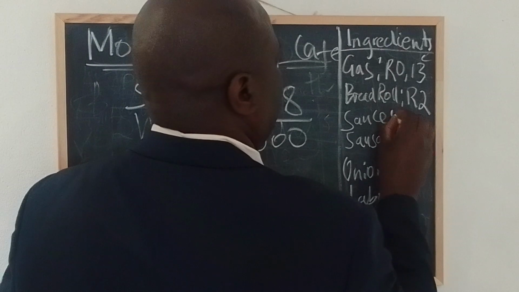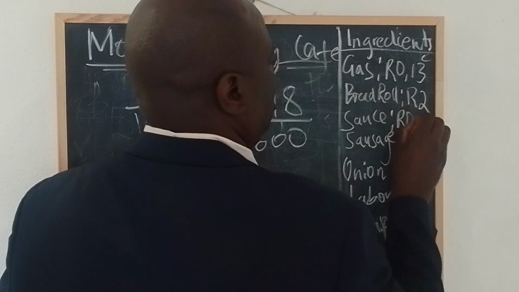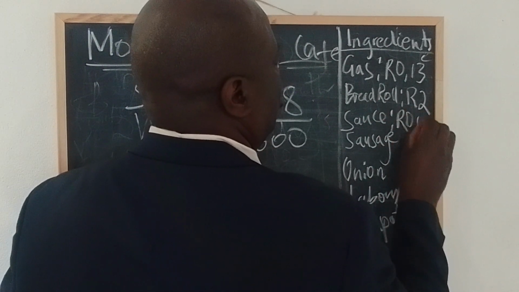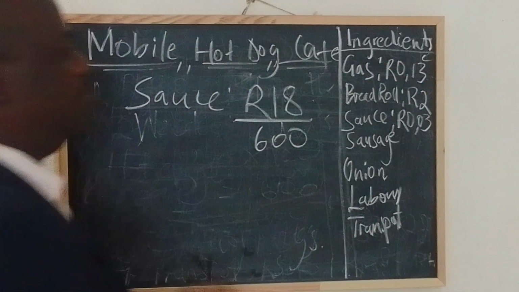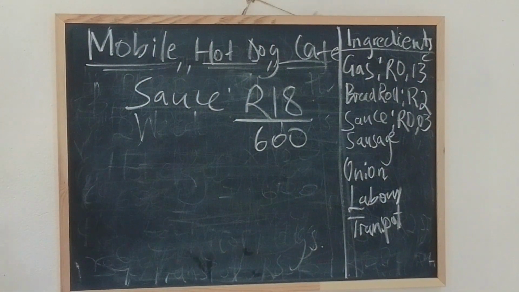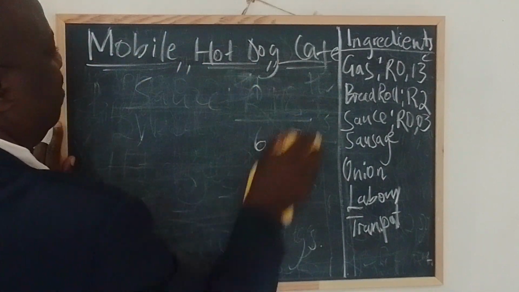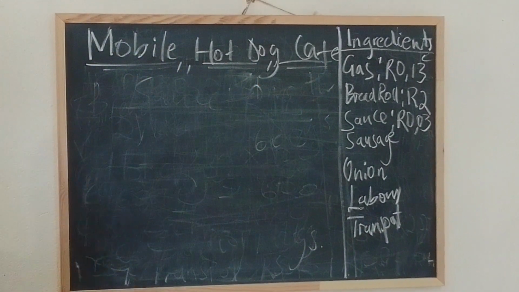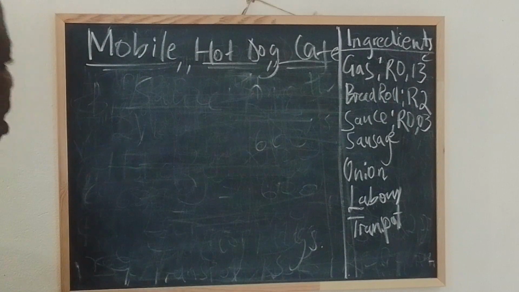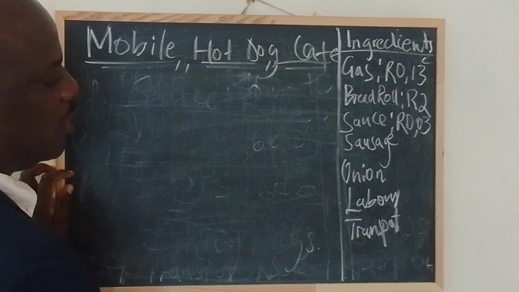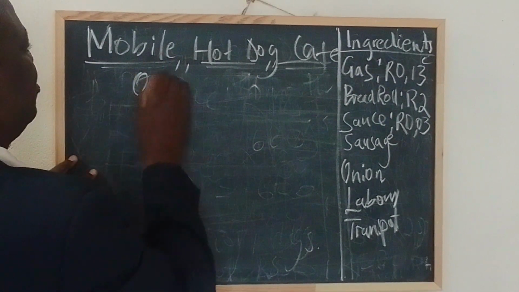So each hot dog carries with it a cost of 3 cents that we spent to buy the sauce. Wonderful. I'm so happy so far. Let's get to the next ingredient. So far so good. Onion.